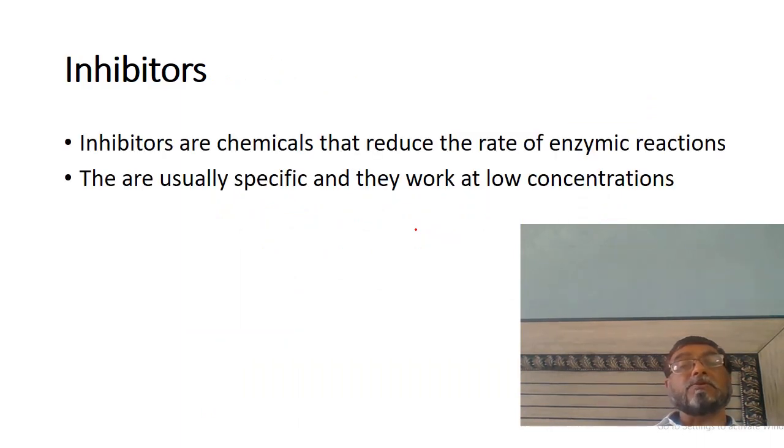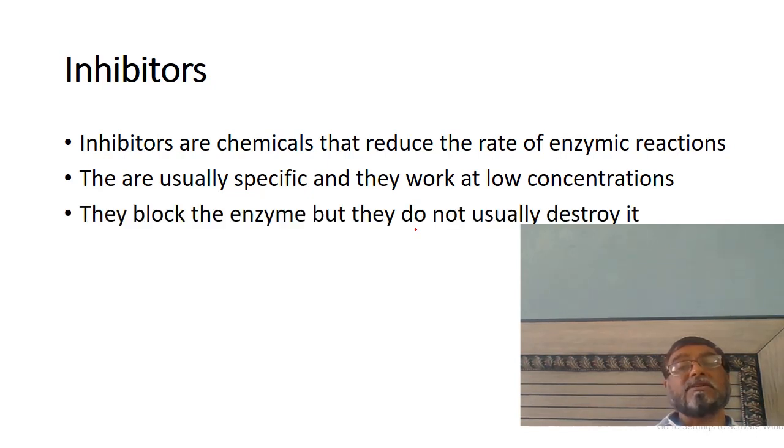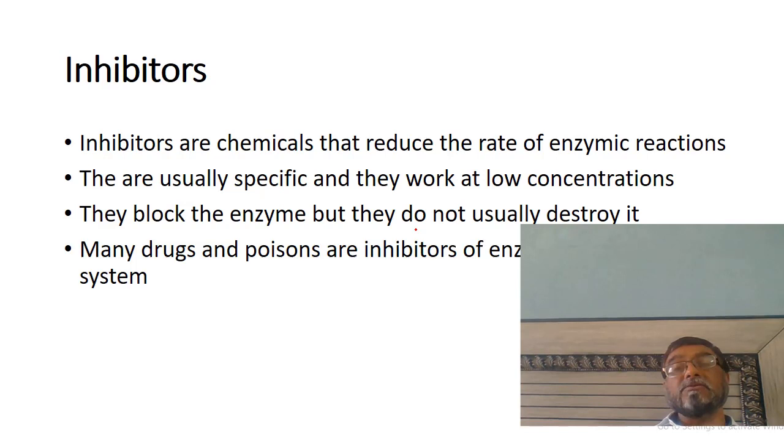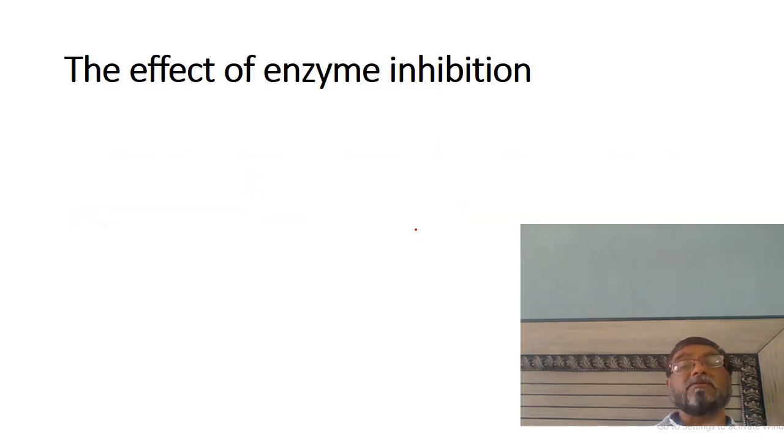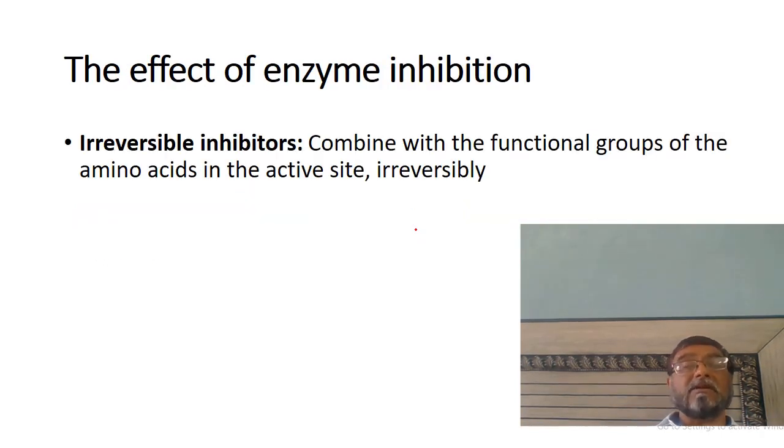So what are the characteristics of these inhibitors? These are chemicals that reduce the rate of enzymatic reaction. They are usually specific and work at lower concentrations, and they block the enzyme but do not usually destroy it. Examples are many drugs, poisons acting as inhibitors for the nervous system, and some heavy metals.